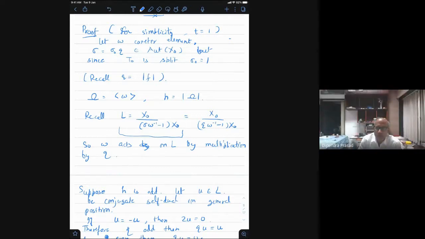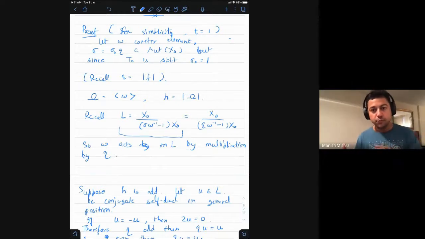But I don't understand. You can use the adjoint group, no? Yeah, so you have to prove lemmas about isogenies.